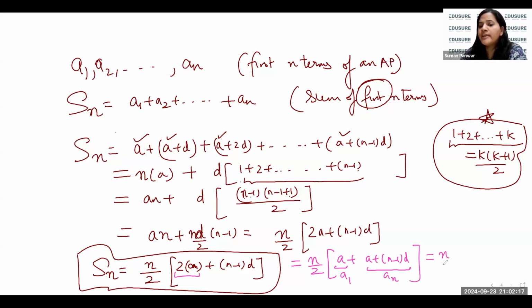So whenever you are calculating the sum of first n terms of an arithmetic progression, it is n by 2 multiplied by the first term plus the nth term. Either you can use this or that accordingly as the demand of the question. So this is all about arithmetic progressions which we should know to solve questions.